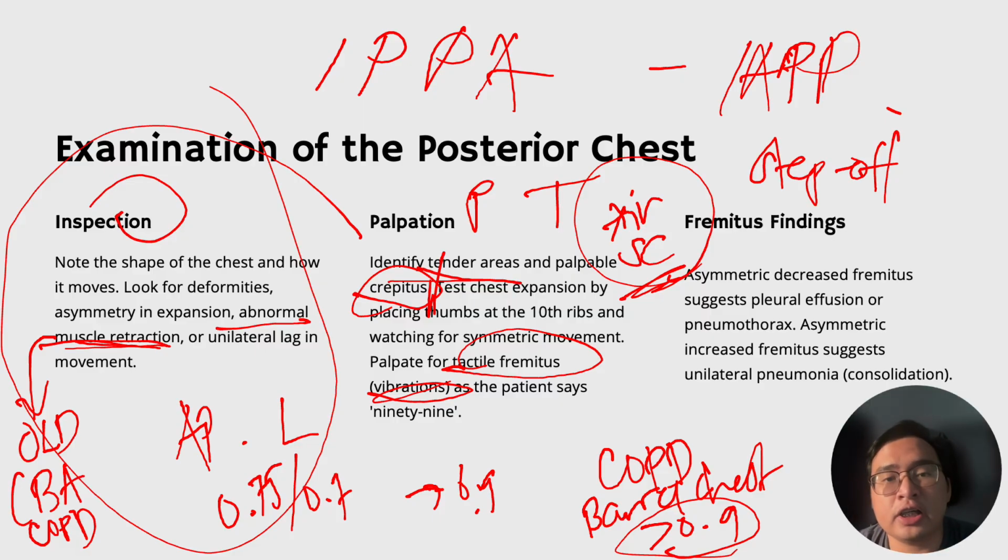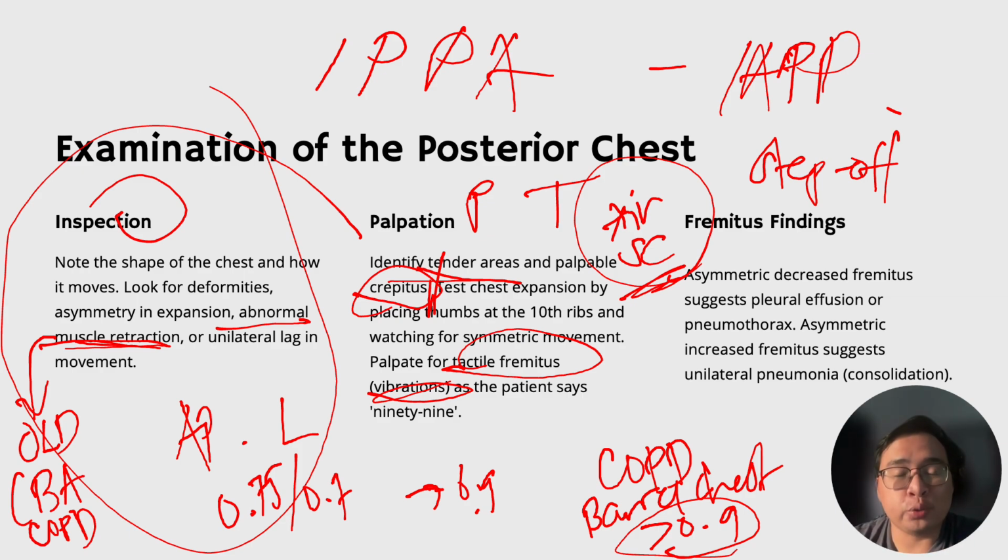You're feeling for the transmission of the sound from the larynx to the surface of the thorax. So normally, it's going to be transmitted well. But if there's any obstruction, if there's a mass, if there's a pleural effusion, or whatever, whether solid or fluid, then the tactile fremitus is going to be decreased. Okay?